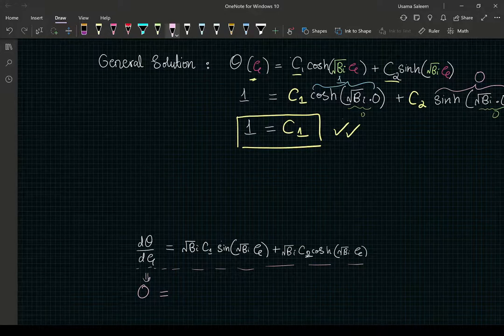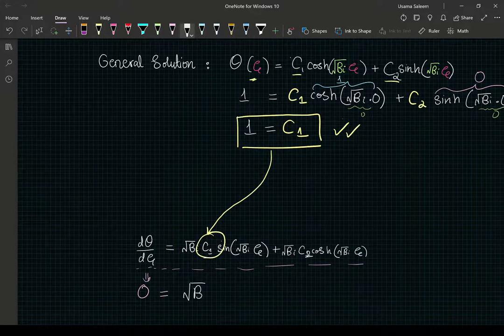And by the way, we already know C1. So forget about that. Bo sinh of square root Bo times 1. Not sine, my bad, sorry.